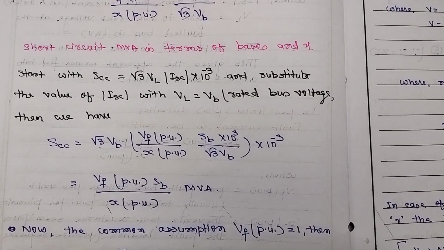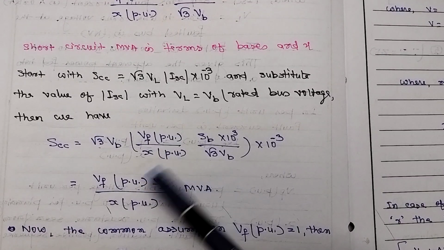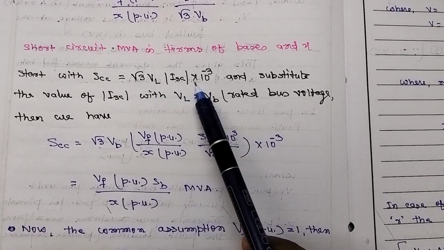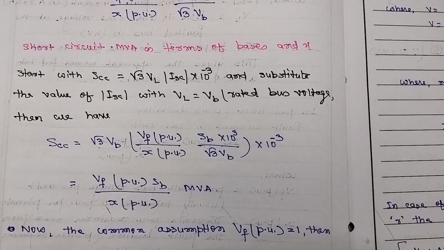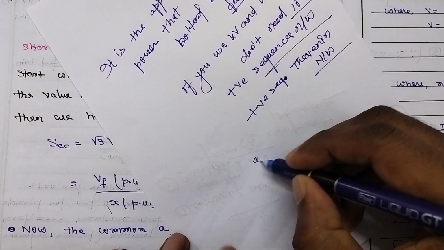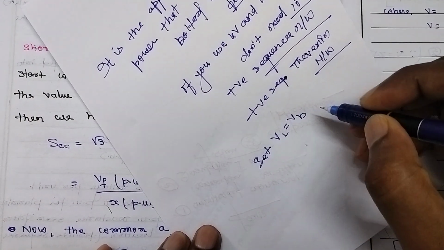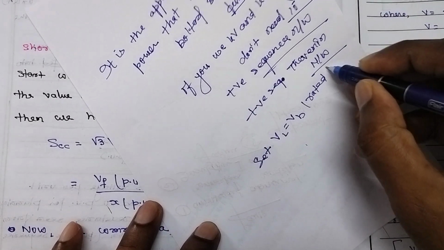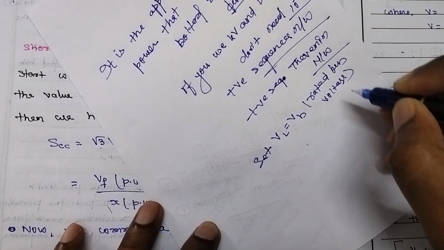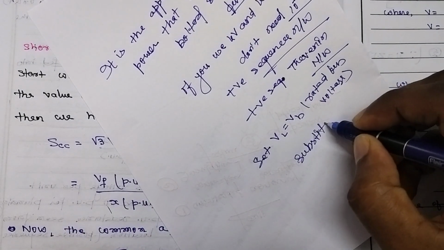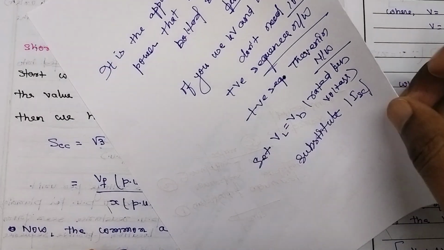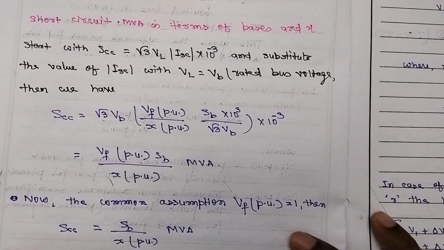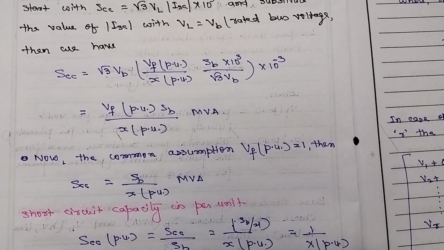Next, we have the short circuit MVA in terms of the base and the X. We start from SCC is equal to root 3 of VL into ISC. Set VL equal to VB, the rated bus voltage, and substitute ISC. Simplifying, we have root 3 VL into IB, VF per unit.